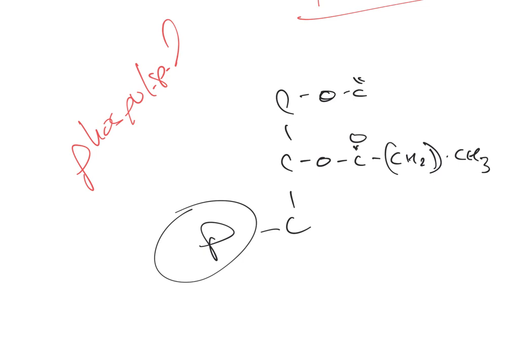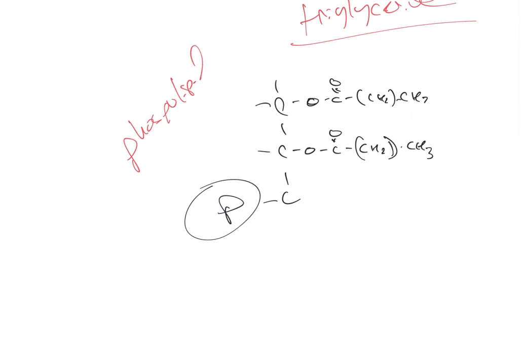Same as before. CH2, CH3, HH. Okay? So, fatty acid number 1, fatty acid number 2. I got my phosphate group, and there is my glycerol molecule.